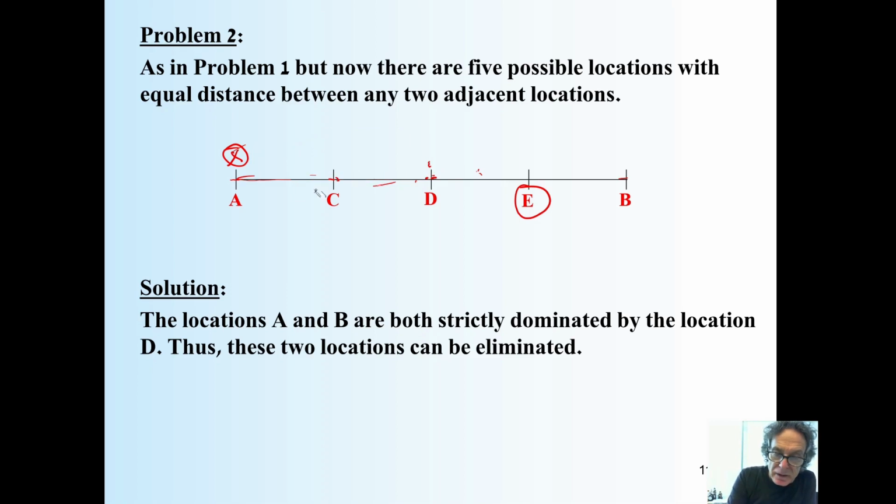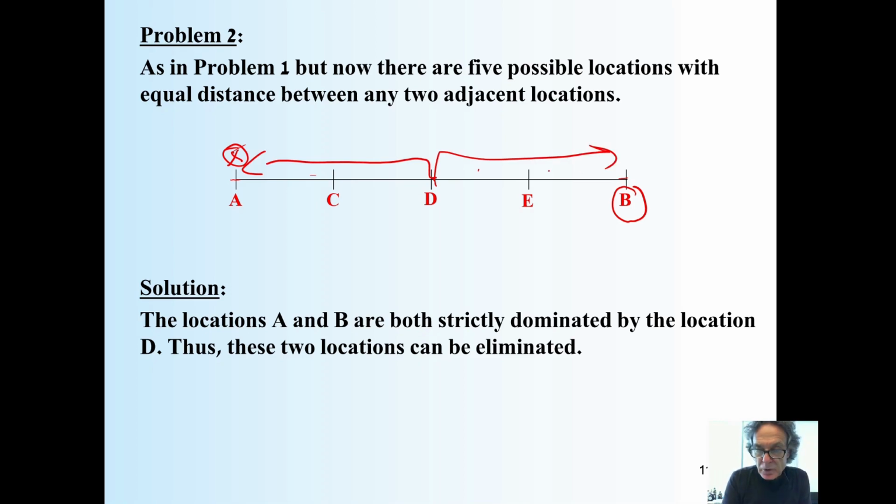Finally, if you locate yourself in B and I locate myself on A, I'm getting 1/2. We split the market. All these people will come to me, these people will come to you. So I'm getting 1/2.